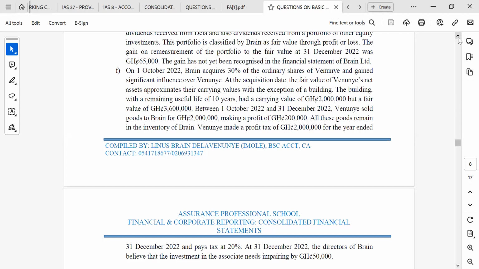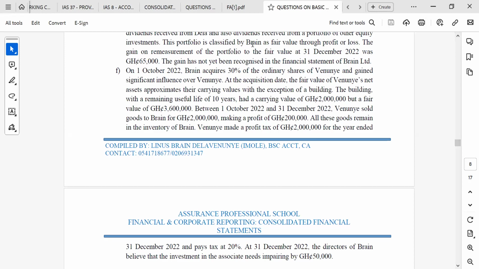The building, with a remaining useful life of 10 years, had a current value of 2 million, but a fair value of 3,600,000. Between 1st October 2022 and 31st December 2022, Veneer sold goods to Brain for 2 million, making a profit of 200,000. All these goods remain in the inventory of Brain.